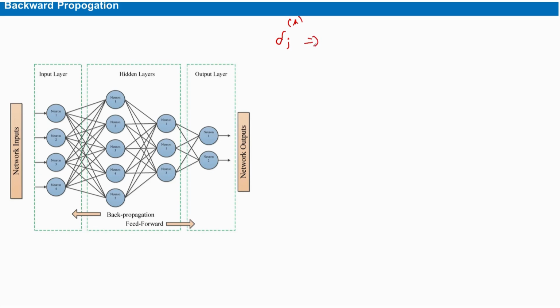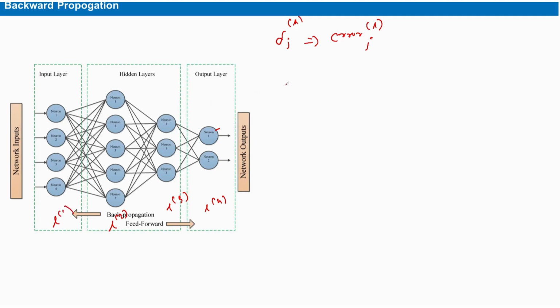It is nothing but the error with respect to the jth neuron in layer L. If I want to showcase the error with respect to the first neuron in the last layer, which is L4, this is L3, this is L2, and this is L1.